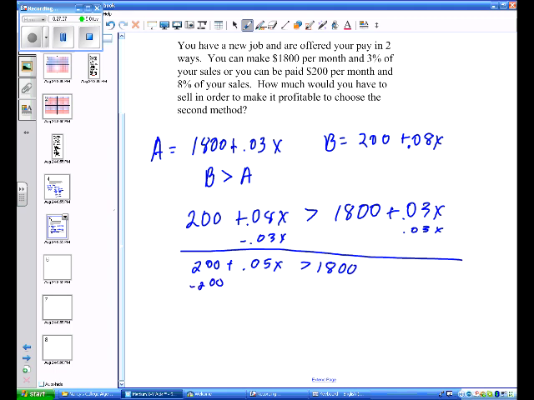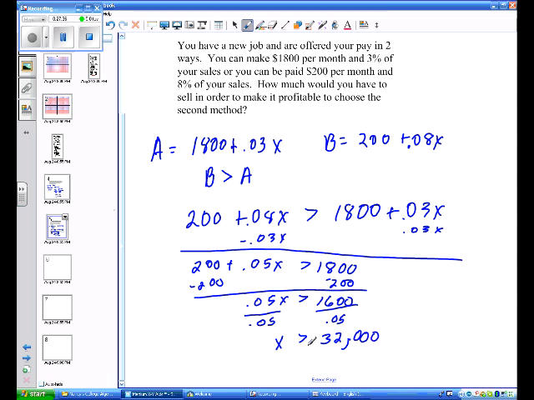Subtracting 200 from each side, we get 0.05x is greater than 1,600. And then we want to divide both sides by 0.05. So x is greater than 32,000.